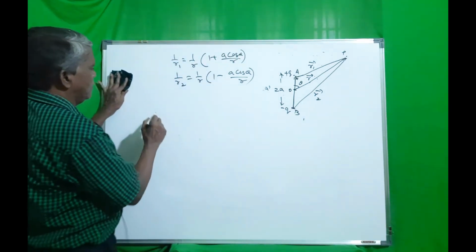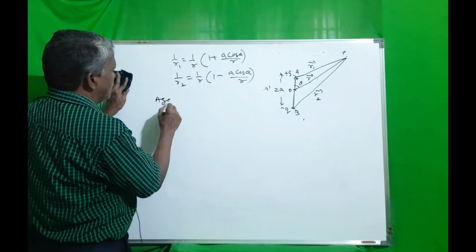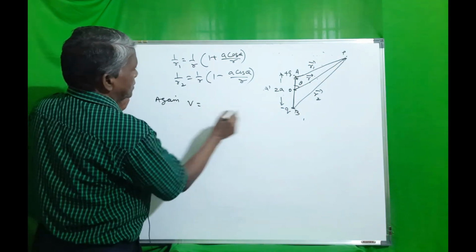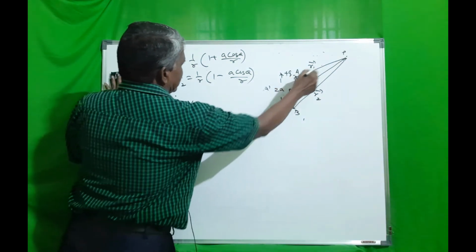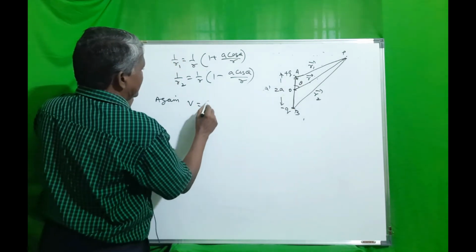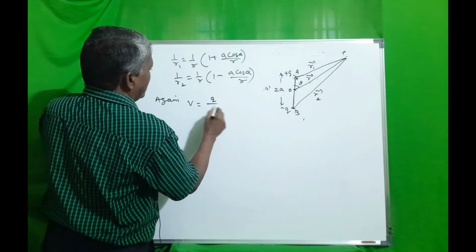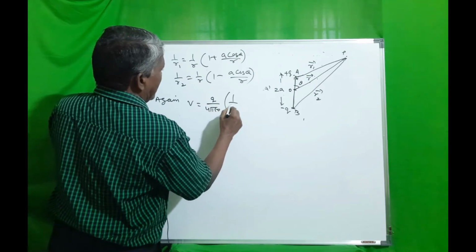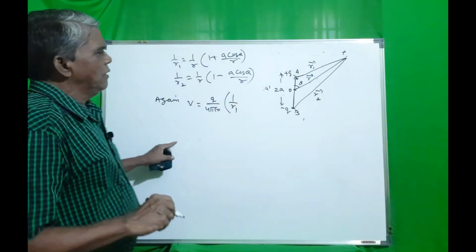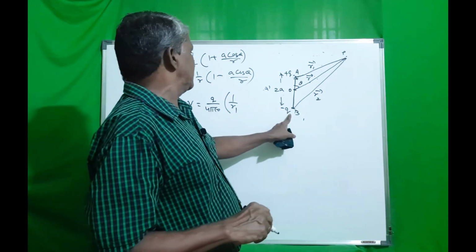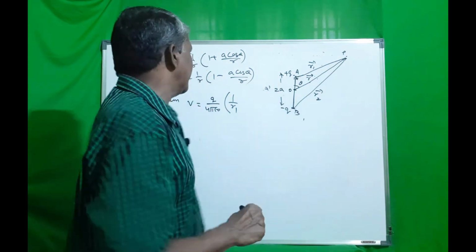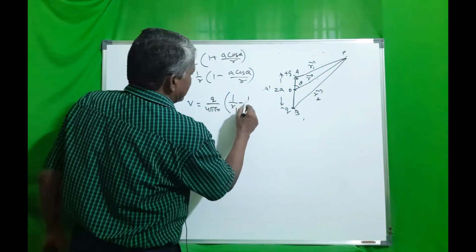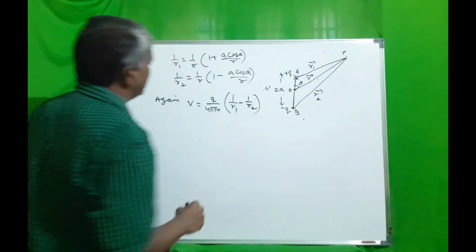Again, potential V is equal to, due to positive charge, distance is r1, so it is q by 4 pi epsilon 0 times 1 by r1, and due to negative charge it is minus q by r2, so it is minus 1 by r2.